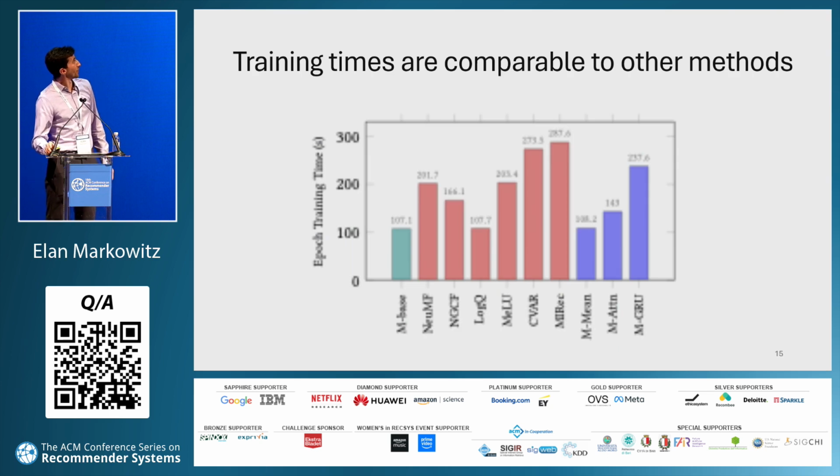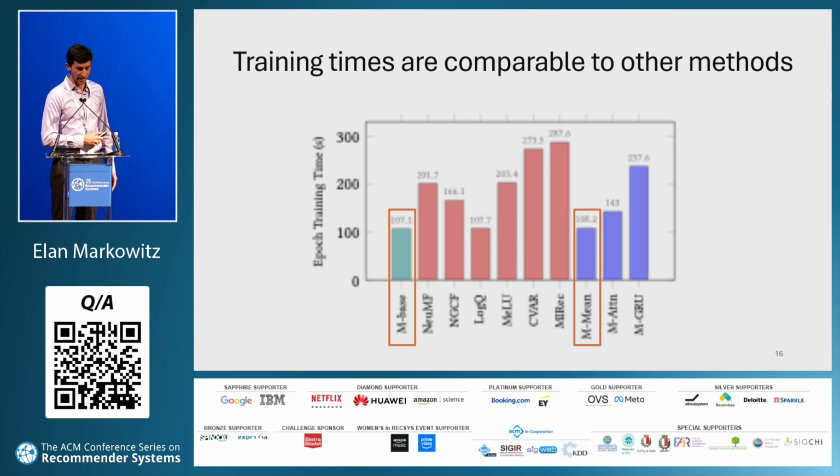We also want to note that the sampling stochasticity helps with training times, and this is the per epoch training times. We note that they're not any different than comparable other learning methods.